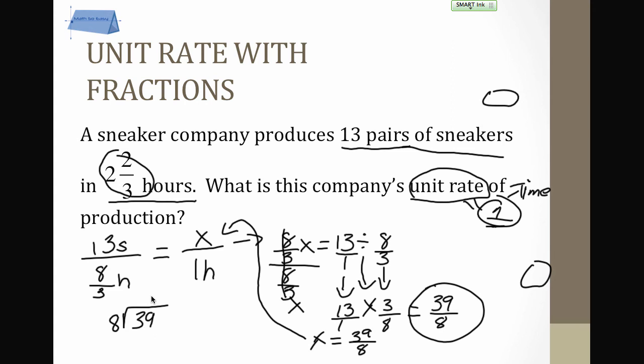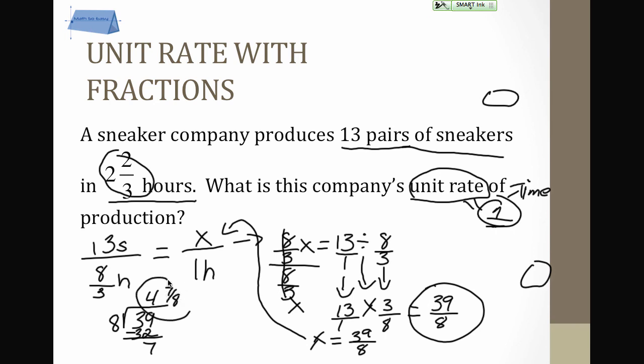You should know this off the top of your head. 4 times. I get 32. Subtract, I get 7. And now for my mixed number, I take my remainder, which is 7, that becomes my numerator, and then my divisor becomes my denominator.